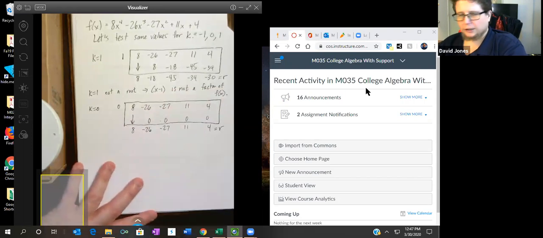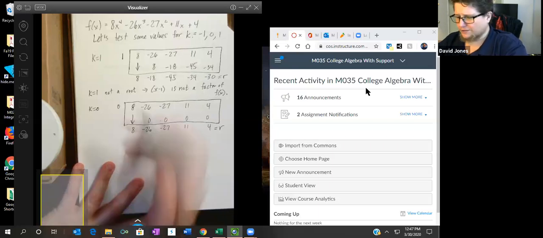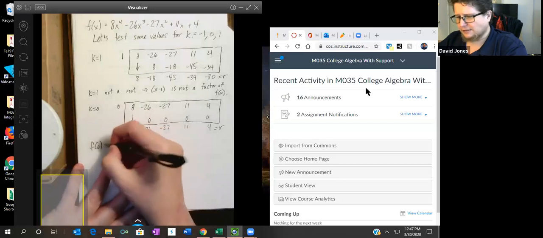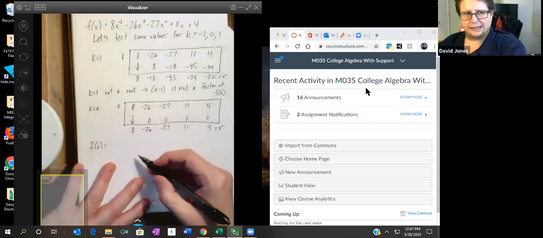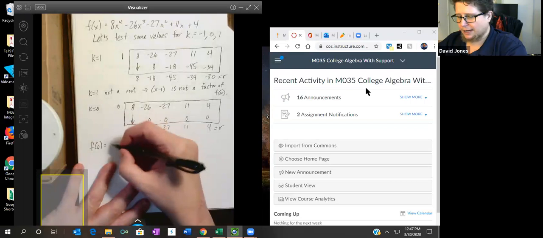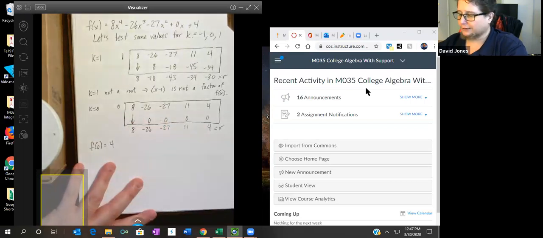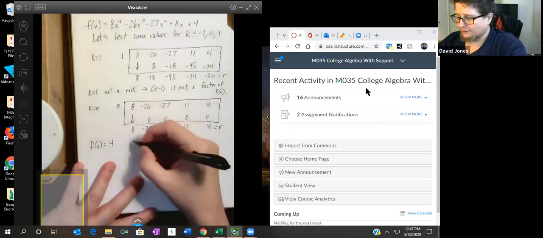R equals 4. And we knew that already without actually plugging in 0. We could have just done f of 0, and that clears out anything with a variable, and we get the remainder is 4. It's the only thing that wasn't a variable. So again, not a 0.